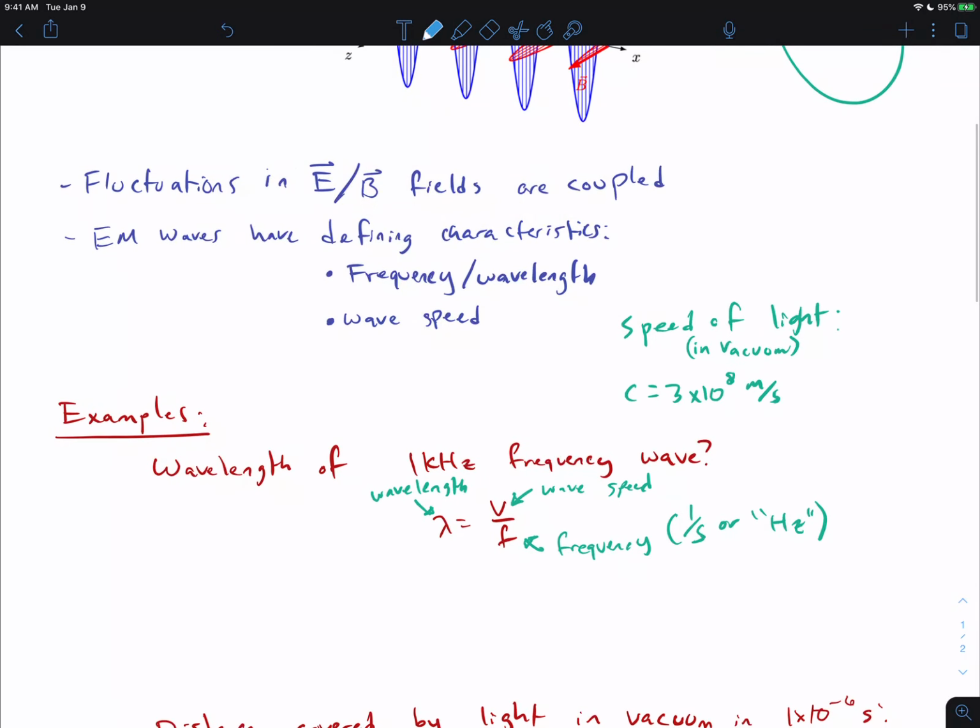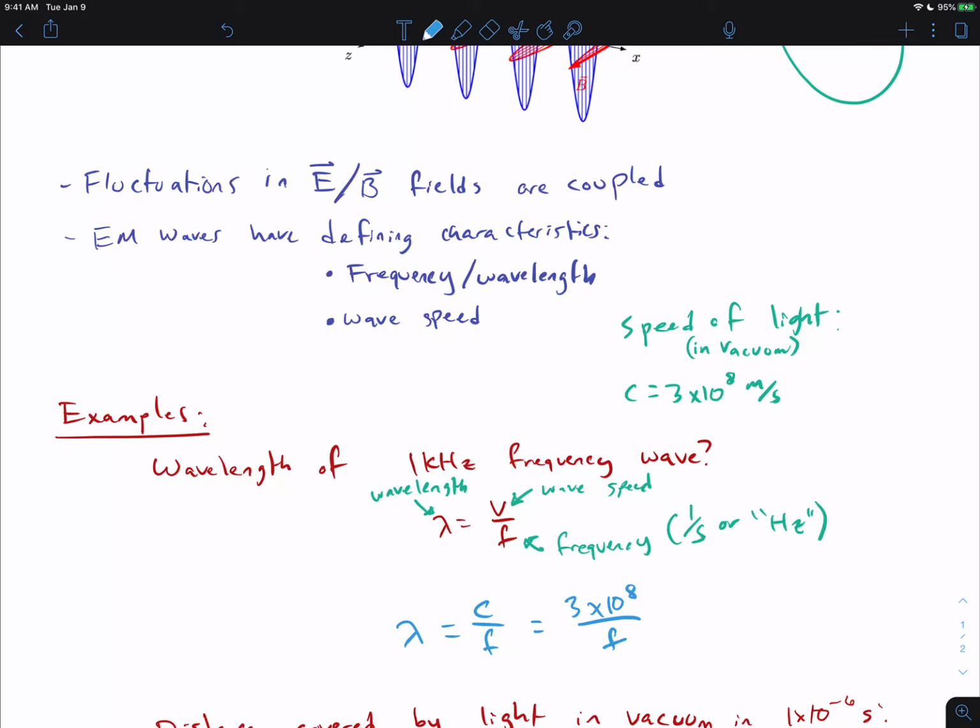So for light, my wavelength is going to equal c over f. Okay, so c is just a constant. So we have 3 times 10 to the 8 over f. So for any wave, if we want to find its wavelength or if we want to find its frequency, all we need to know is the other parameter.